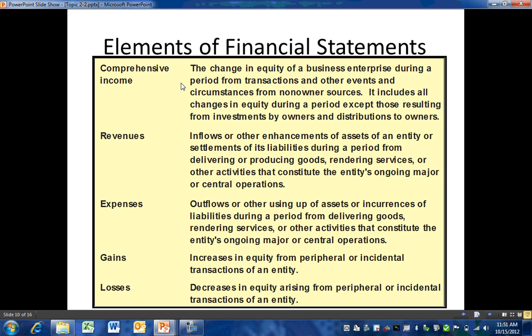We report comprehensive income both for the period and an accumulated amount that goes back to the beginning of the business. And you can see here we have our definitions for revenue, for expenses, gains, and losses that we spoke about earlier. And these are our elements of the financial statements.